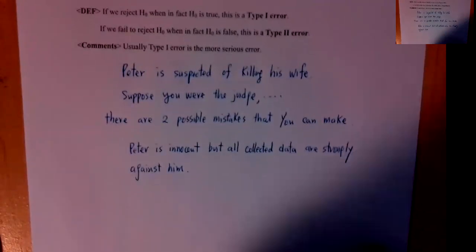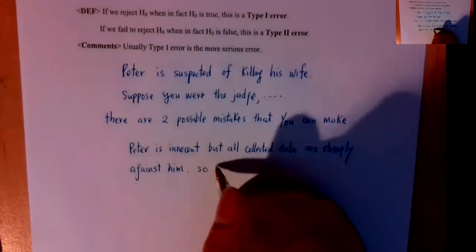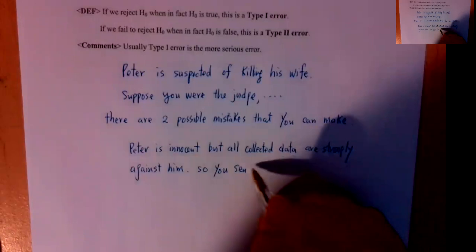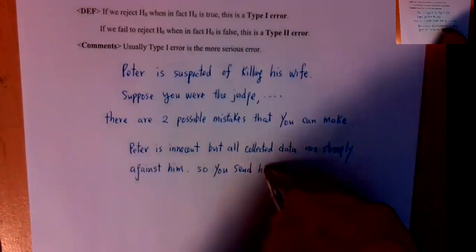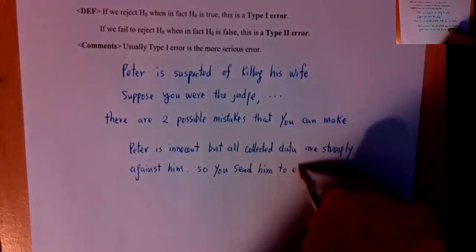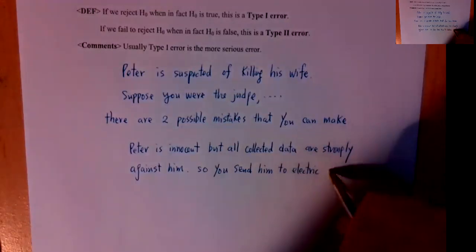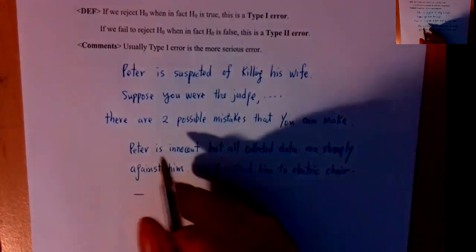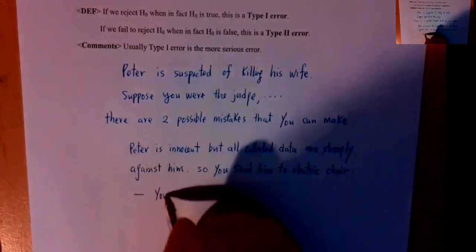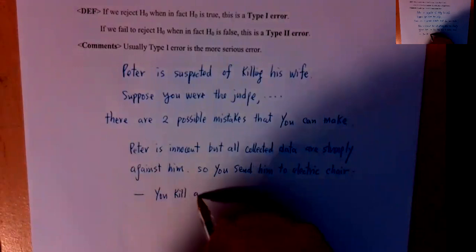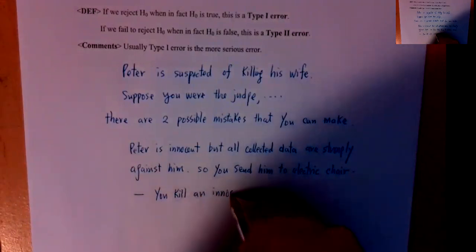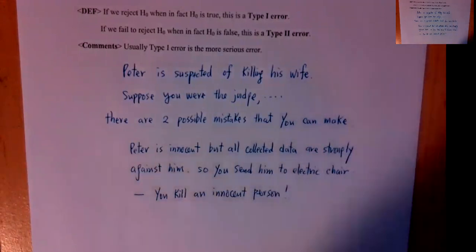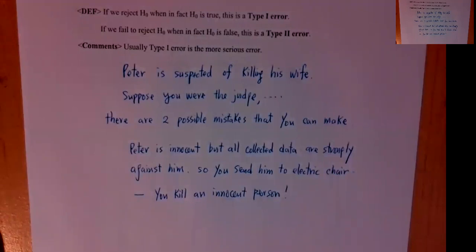So, as a judge, you send him to electrical chair. Okay? What mistake is this? The mistake is you kill an innocent person. Okay? You kill an innocent person. That's the first mistake you can make as a judge.